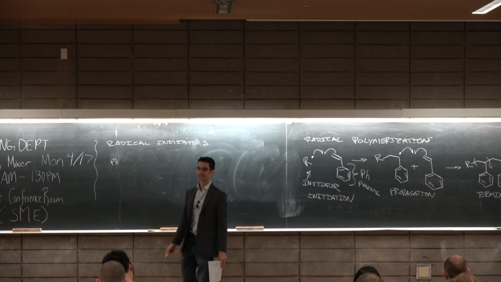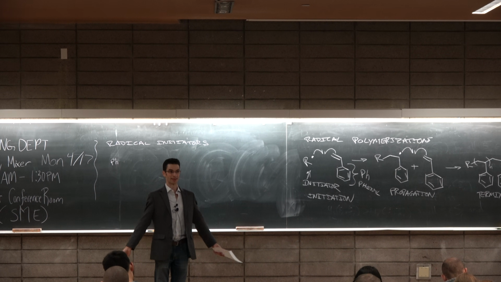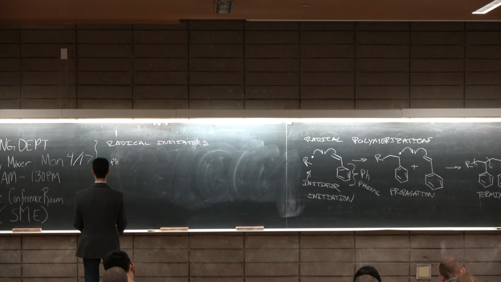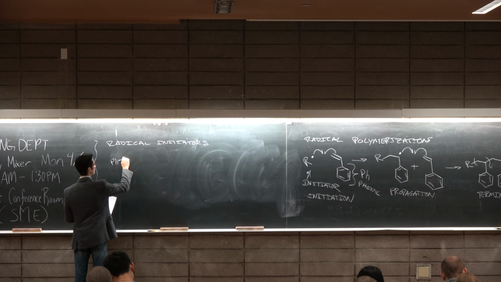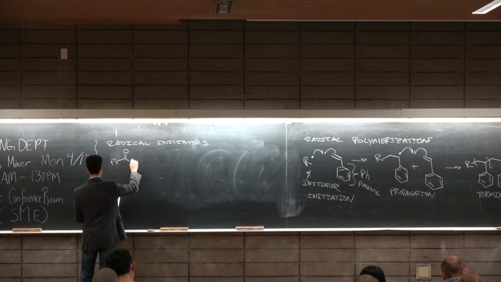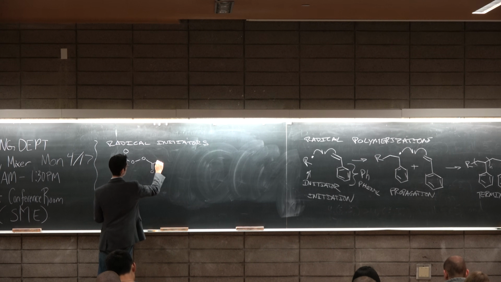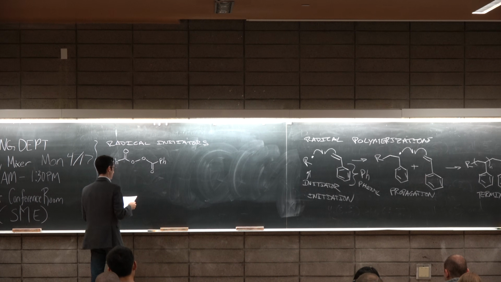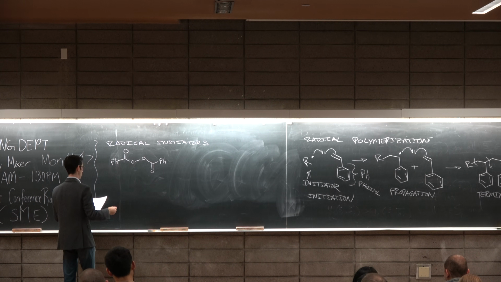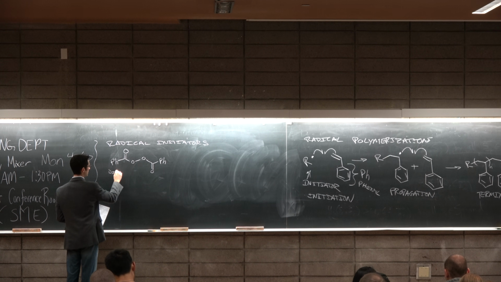Phenyl is just a benzene ring that's attached to something else, and it's abbreviated Ph. So this initiator is called dibenzoyl peroxide.